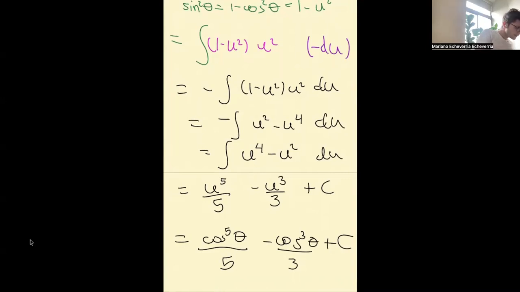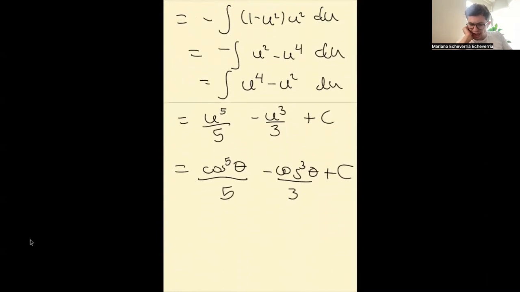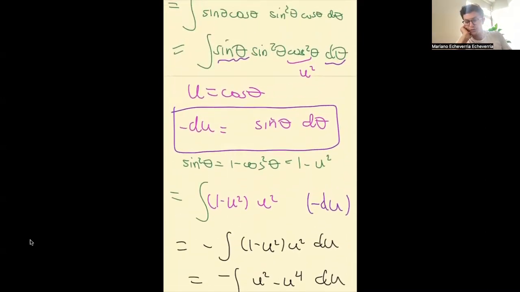Where could this be? Okay. Yeah, this is a preview. Okay, now I remember. This one that I just did is more common in Calc 2.